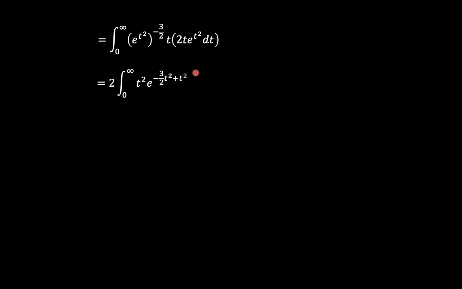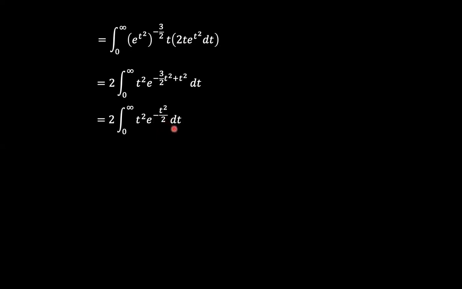So you see here we're adding these exponents, and then the t's here have been consolidated, and then the constant has been pulled out, shown here. Okay, so we have 2 times the integration from t equals 0 to infinity of t squared times e to the power negative t squared over 2.